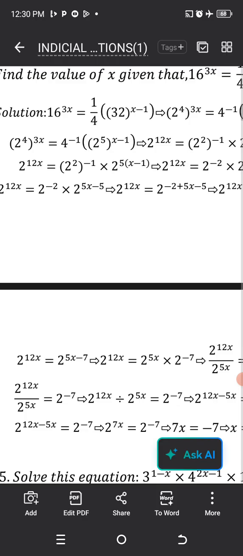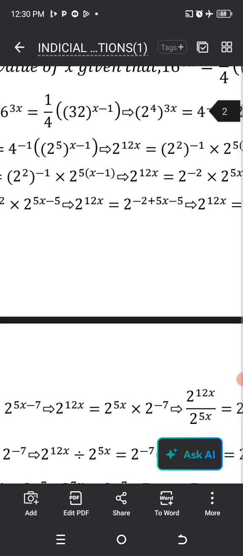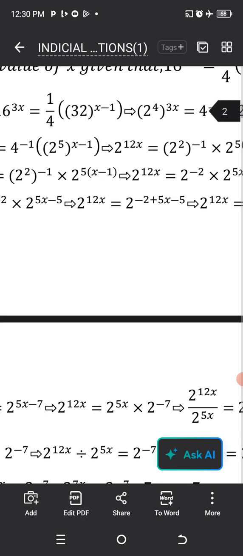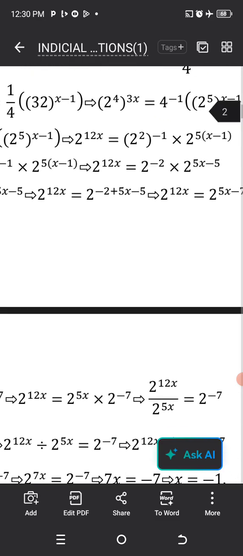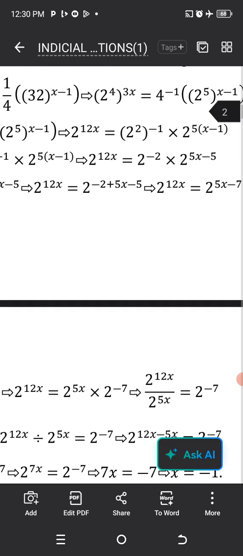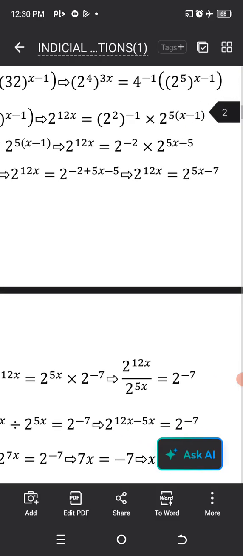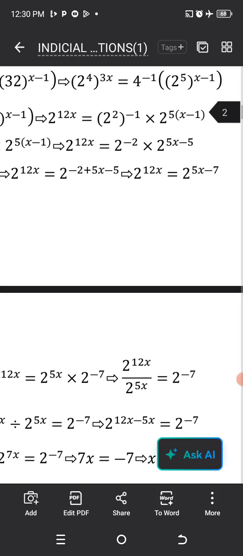if you observe also that 4 raised to power minus 1 has now changed to 2 raised to power 2 inside the parentheses, all raised to power minus 1, multiplied by that 2 raised to power 5, still retained, raised to power (x minus 1). So following this, the left hand side still retains itself, which is 2 raised to power 12x.